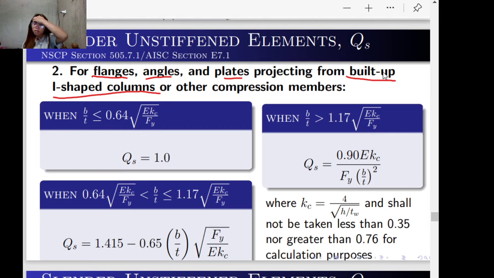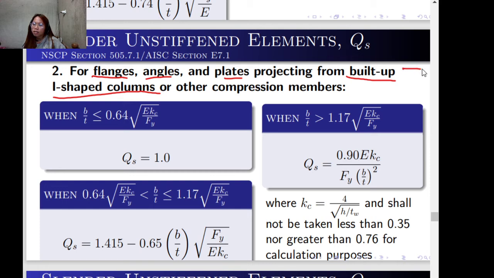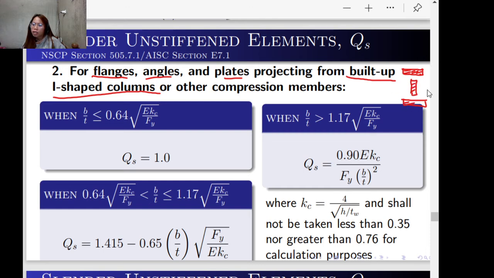Built-up means it is formed from combined pieces, not like the usual I shape, but pieces put together and pasted so that it becomes an I shape. Or other compression members projecting from built-up sections. Meaning built-up.